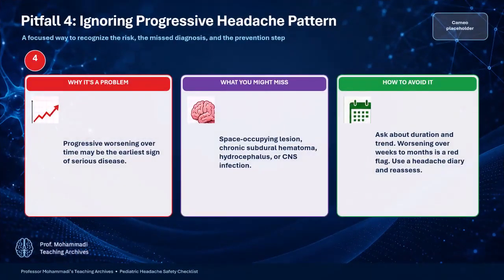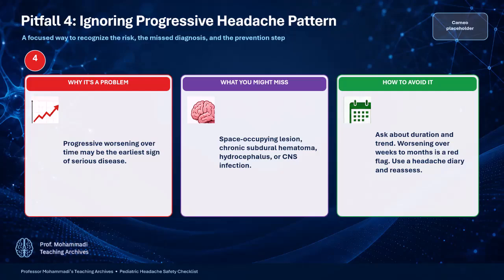A progressive headache pattern should never be ignored. Sometimes the most important clue is not the severity of the headache on a single day, but the direction in which the pattern is moving. A headache that is becoming more frequent, more severe, occurring at unusual times, or changing in character over weeks to months, deserves careful reassessment.